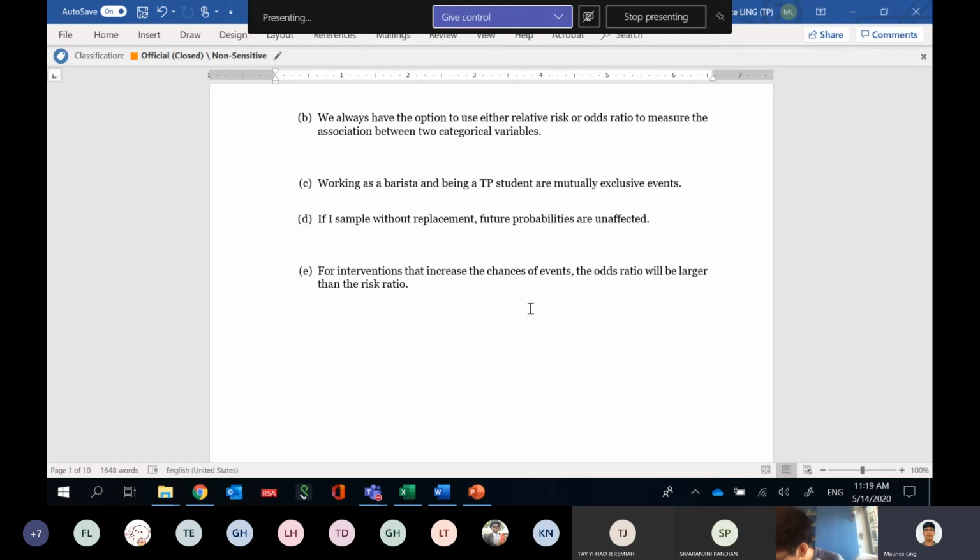Okay, I'll rewrite it in other words. It means an intervention or exposure that increases the chance of event.